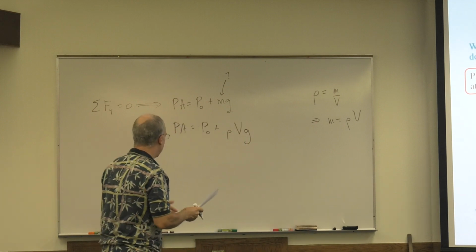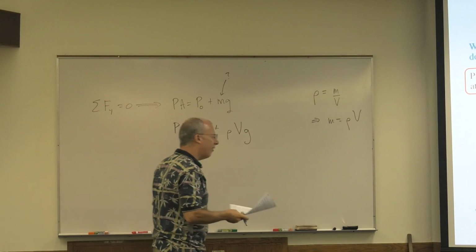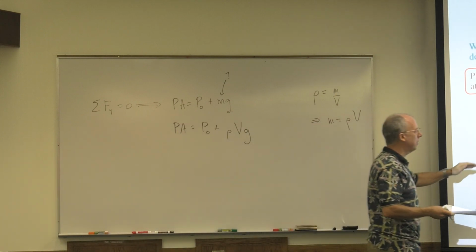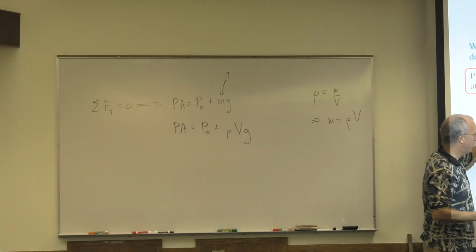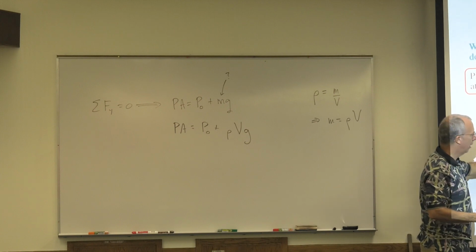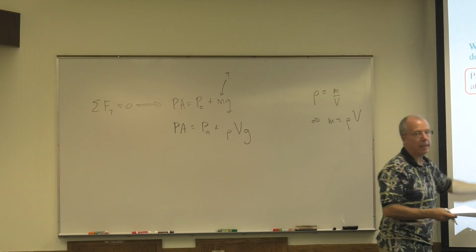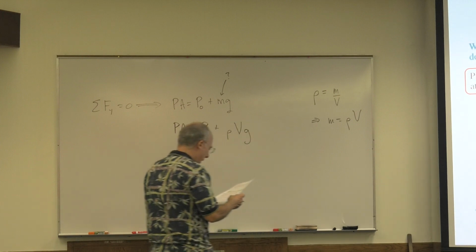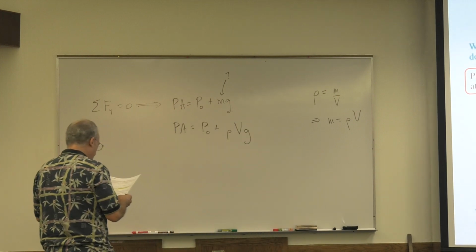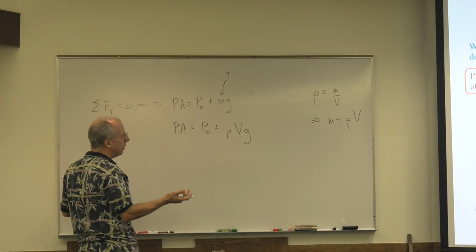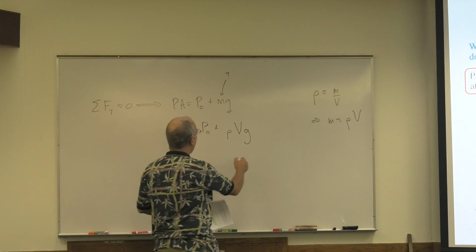Now, this is wonderful, but remember, I'm trying to get an equation for how the pressure varies with the depth. The depth is D, and I don't have a D in my equation. So what am I going to do? I got to get a D, right? Well, what's this volume?